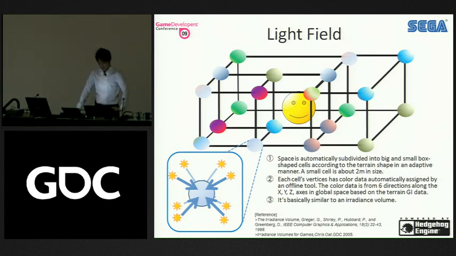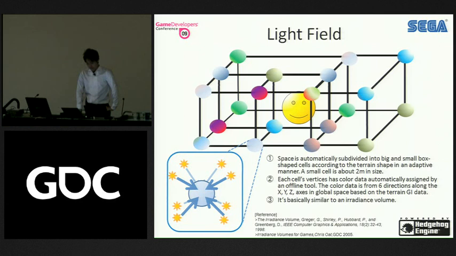This is sort of the image of what a light field would look like. First of all, the space is automatically subdivided into big and small box-shaped cells according to the terrain shape in an adaptive manner by BSP. A small cell is about 2 or 3 meters in size.